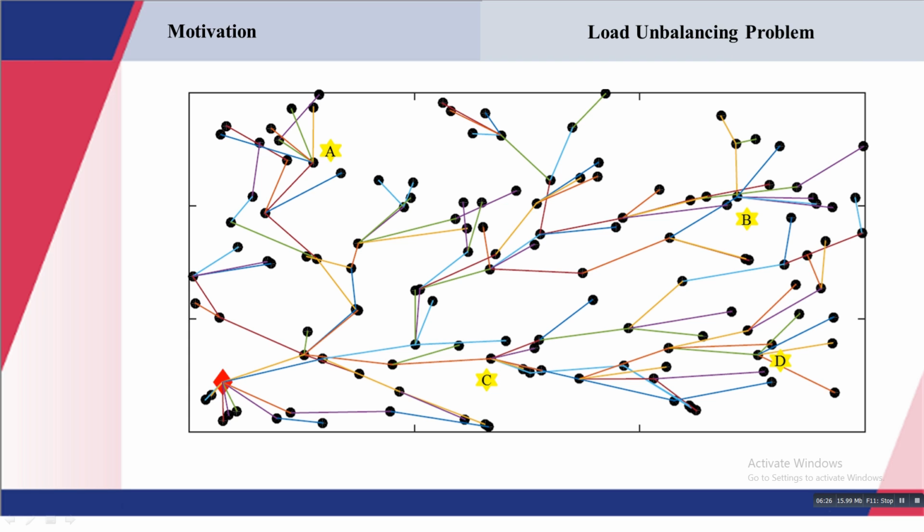So what will happen is that these highlighted sensor nodes will die earlier as compared to the rest of the nodes, and it will lead to early first node death, and hence the network lifetime will decrease, because the network will get disconnected, and the packet delivery ratio and various other parameters will also degrade. In this lecture series, we will see how we have resolved this problem of load unbalancing, and we have given various models to handle this problem.